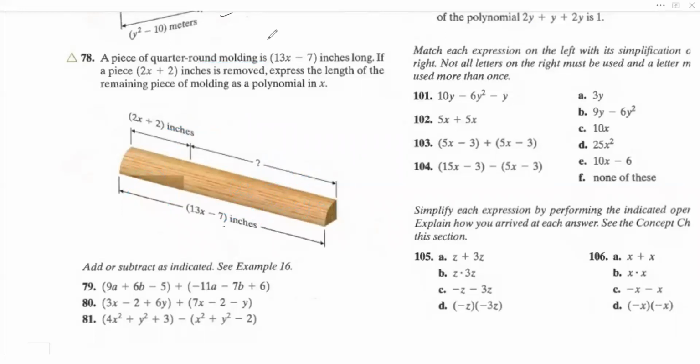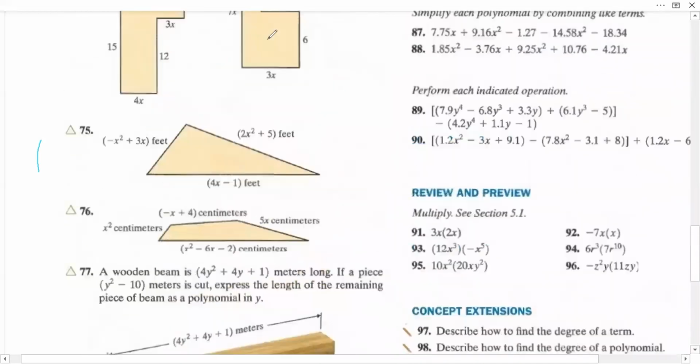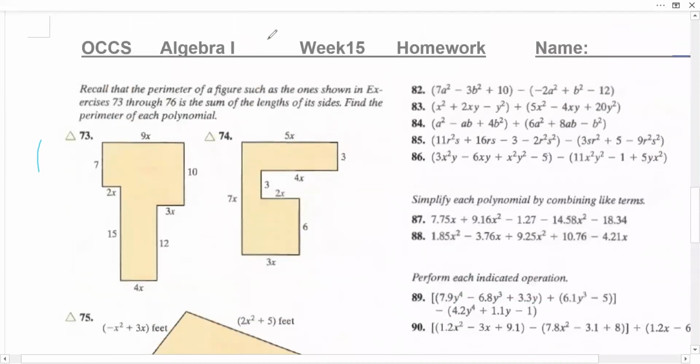So for adding and subtracting polynomials, I will leave you guys to check by yourself. For 82 to 86, they're similar. So especially pay attention to the like terms. Let me pick one of them here. 86, all right?